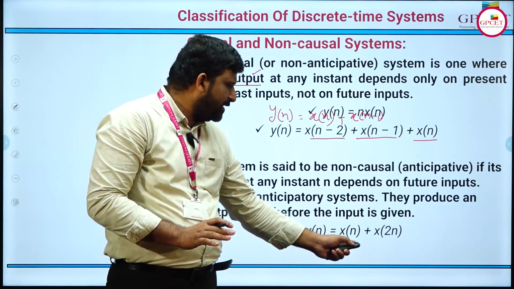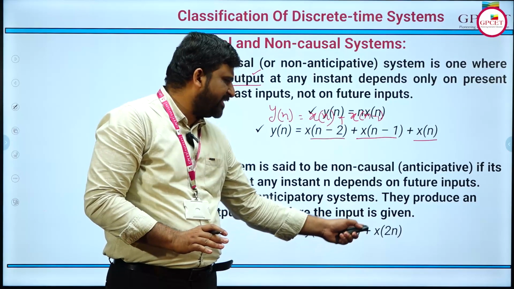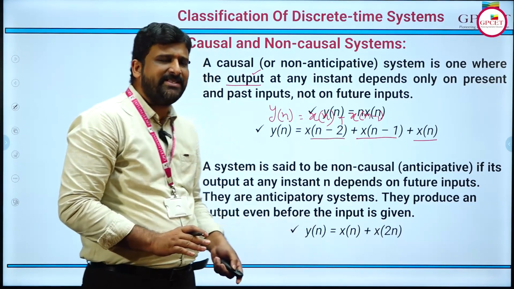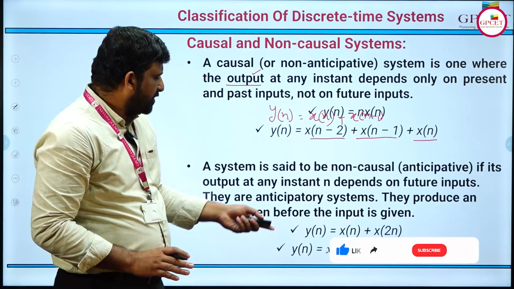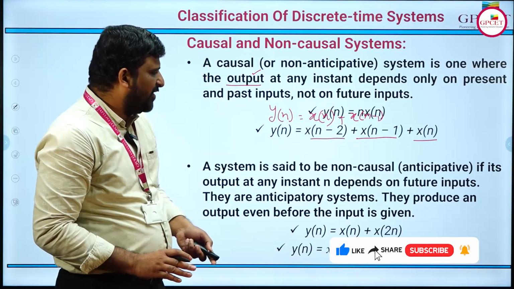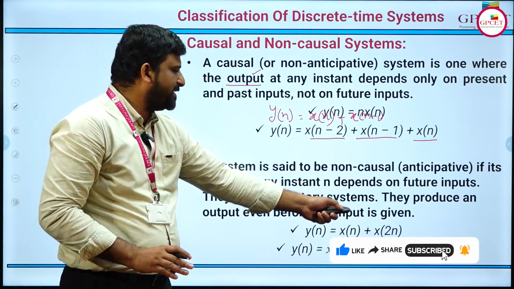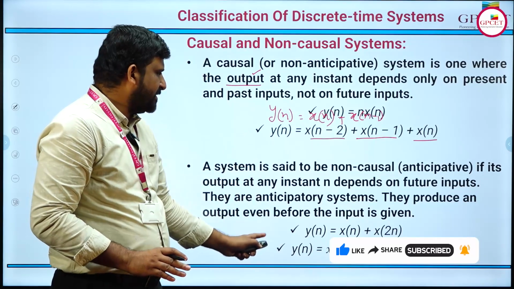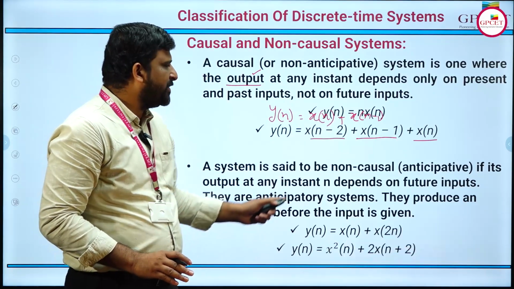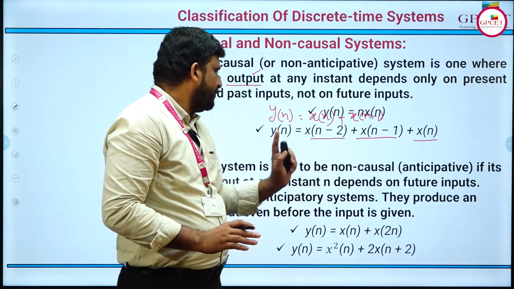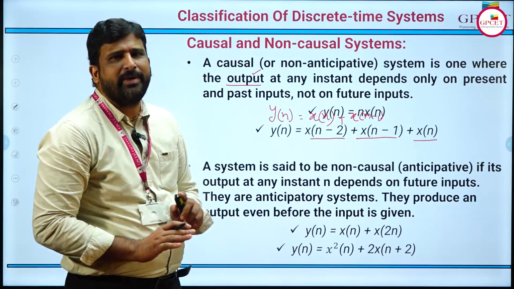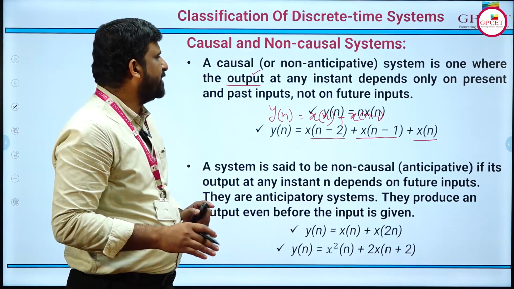It is depending only on the present inputs, that is, x of n is one present input and x of 2n is another present input. One more example: y of n is equal to x squared of n plus 2x of n plus 2. That means the system is said to be non-causal when the output depends upon the future inputs only but not on the past and present inputs.